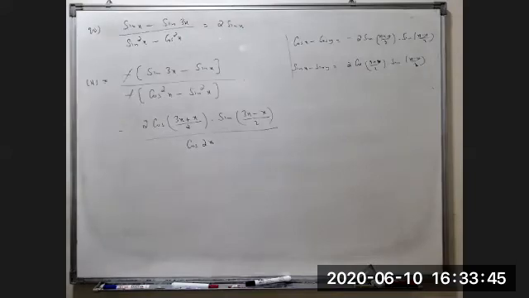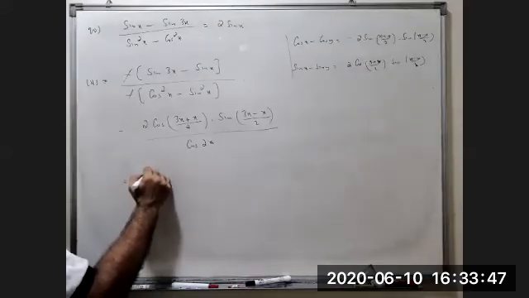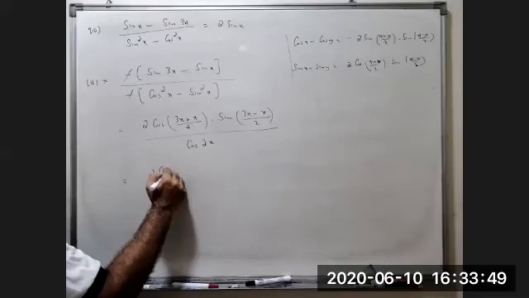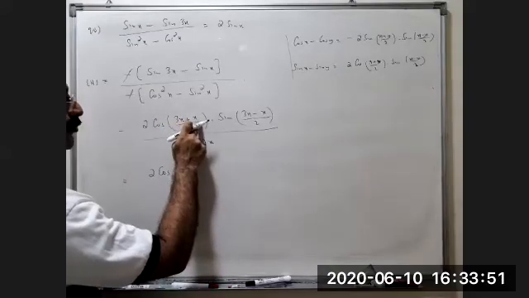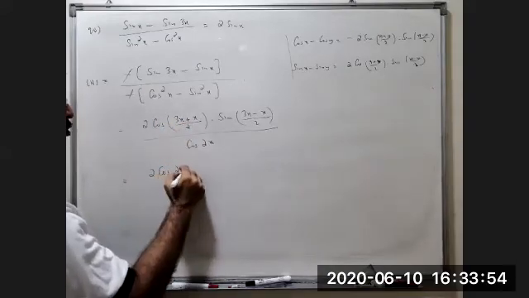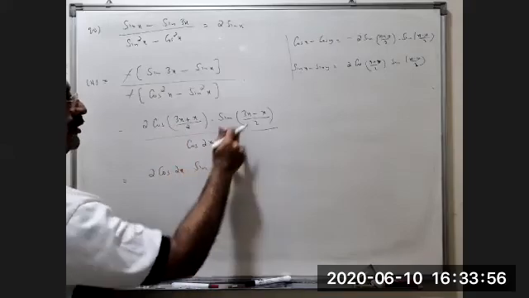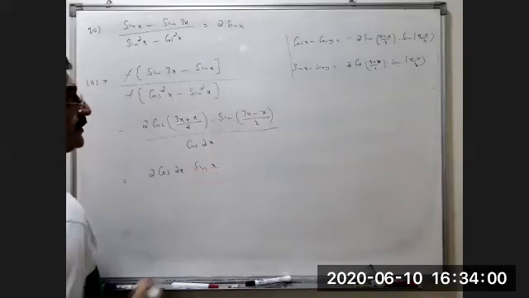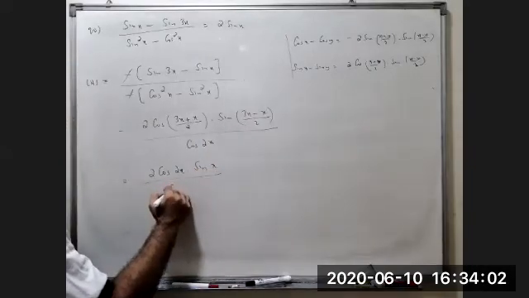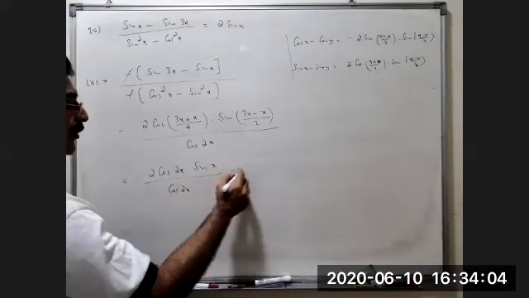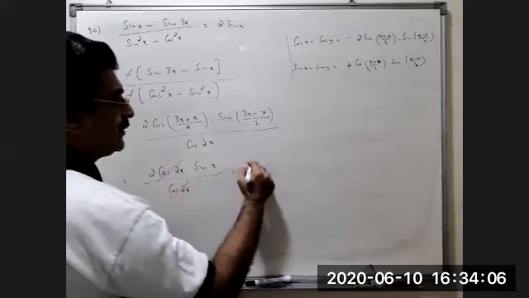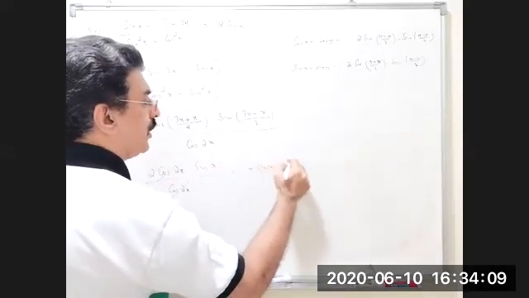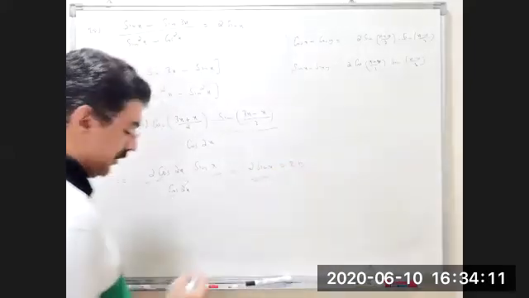Cos 2x is equal to 2 cos of 3x plus x, 4x by 2, that is cos 2x, into sin of 3x minus x, which is 2x, 2x by 2 is x, by cos 2x. Cos 2x, cos 2x cancel. 2 sin x is equal to RHS.